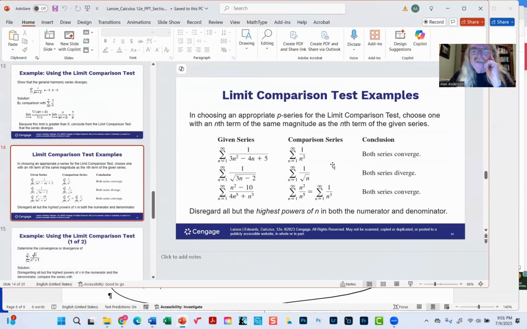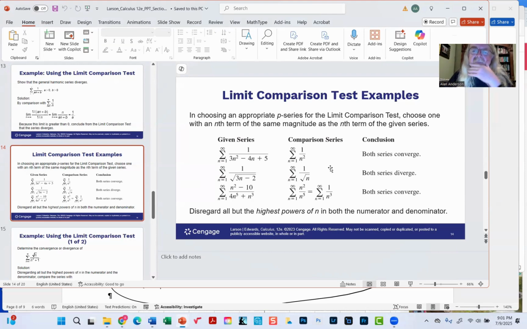So then they're going to give us a set of examples. Now you can see that the ones on the right are the ones that we already know to be P series. We know what their properties are. The ones on the left are the challenging ones, but if we can compare these directly to each other and show that term by term one is greater than the other, we can use this test.